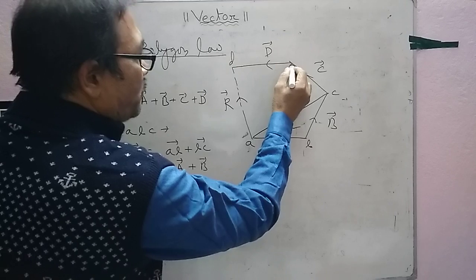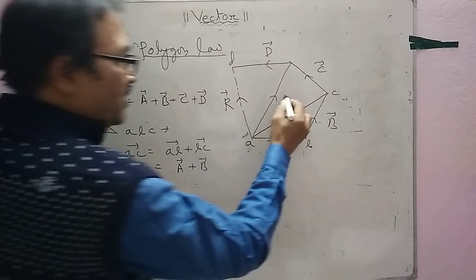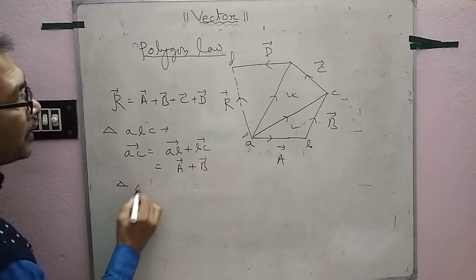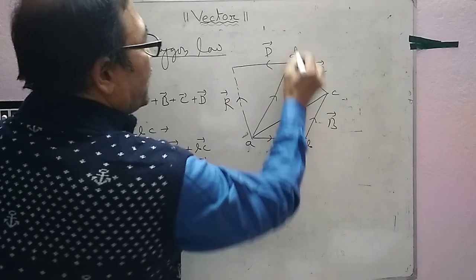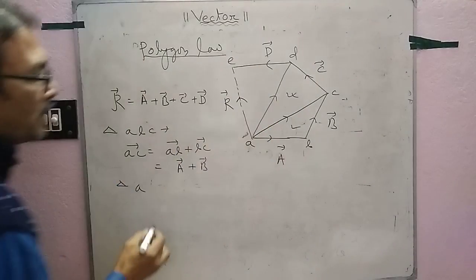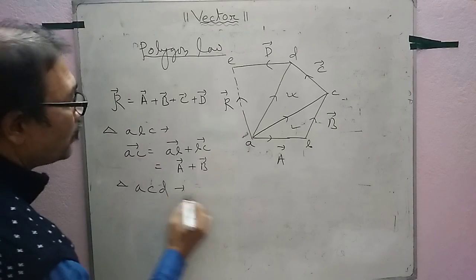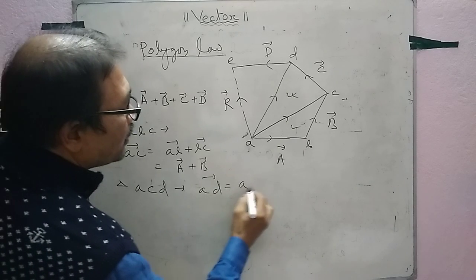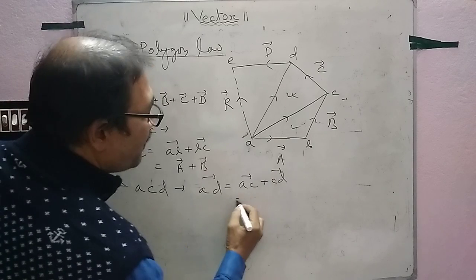Now draw this point. From this triangle ACD, if we apply triangular law, AD equal to AC plus CD. What is the value of AC?